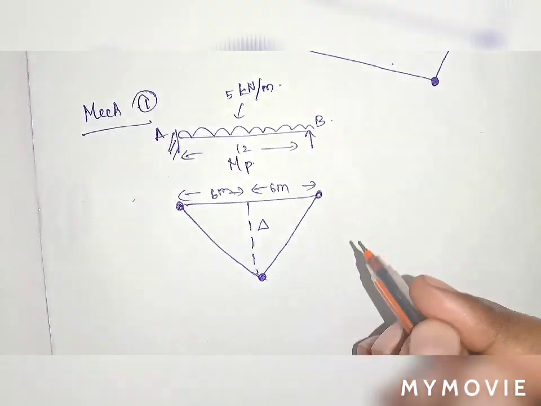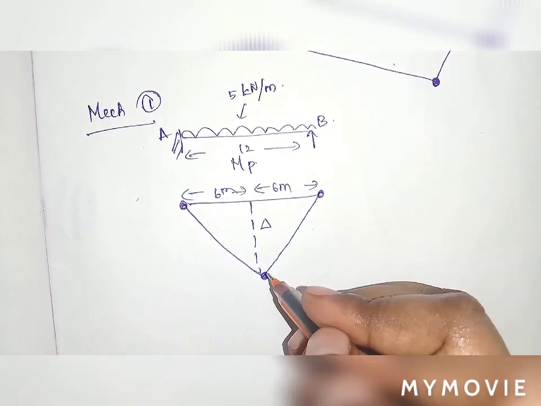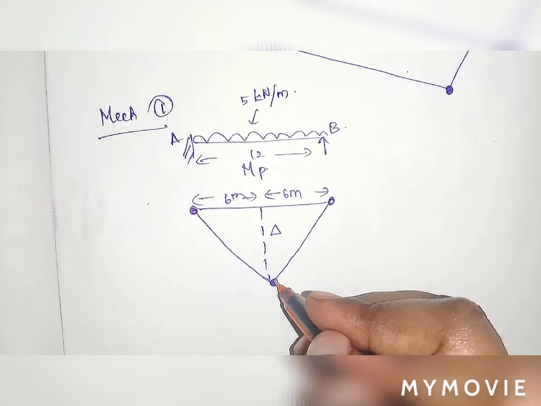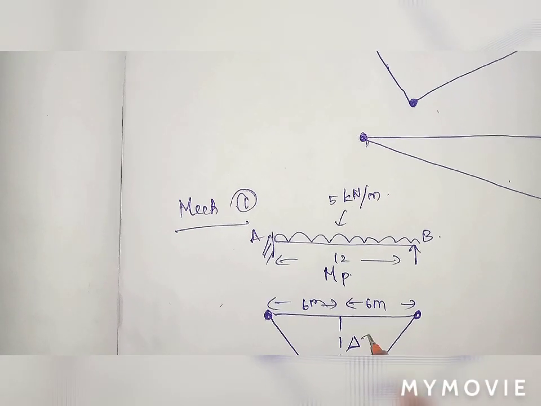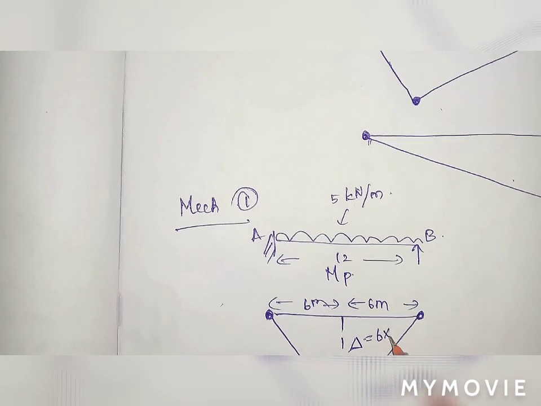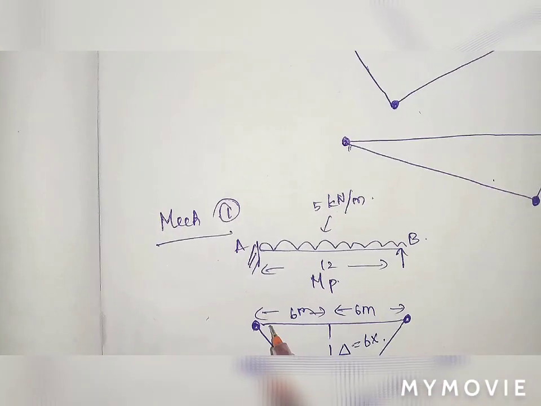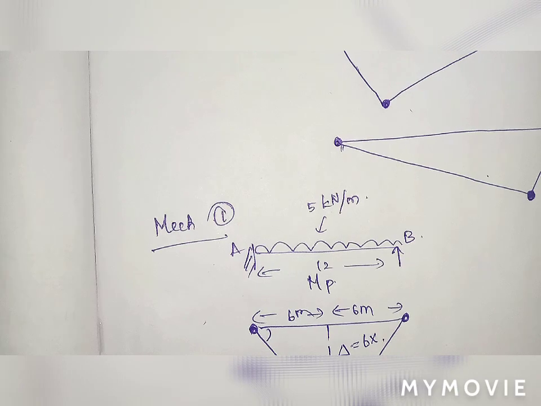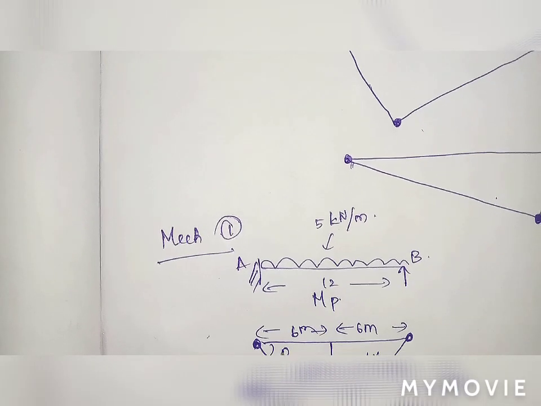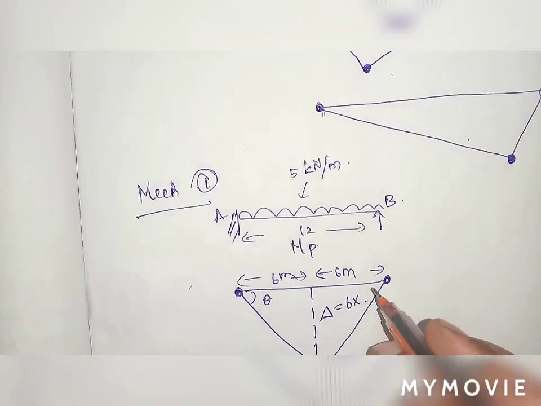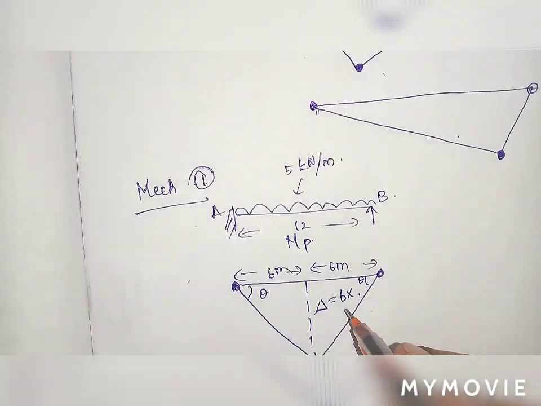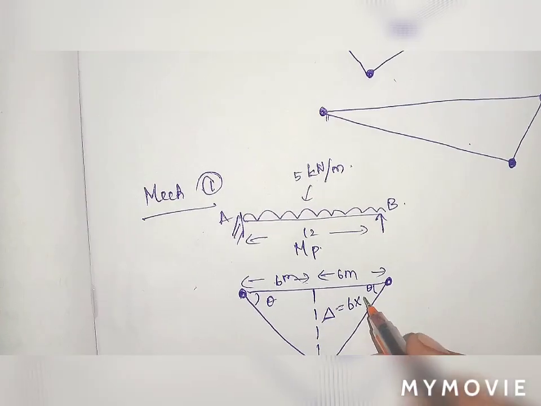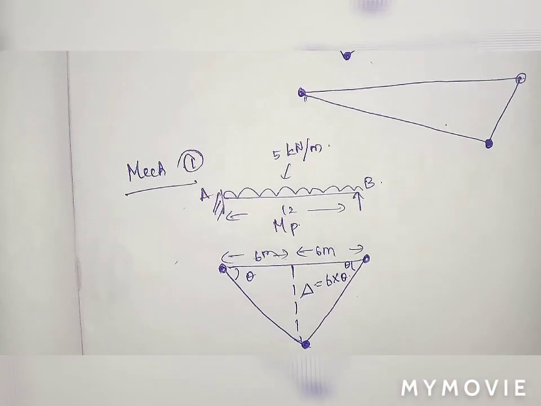The plastic hinge here will occur at the midpoint of the section, and the deflection delta is equal to 6 into the corresponding rotation. I am going to assume this rotation to be theta. Since it is a symmetrical section, on the opposite side also the rotation will be theta. So delta, or deflection, is equal to distance 6 into theta. So this is the deflection.